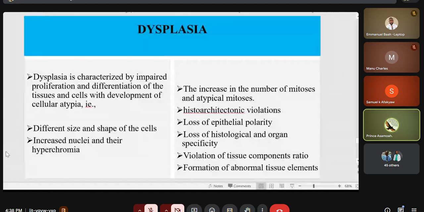Tell me what it is. Where are the spellings? Okay, anisocytosis, A-N-I-S-O-C-Y-T-O-S-I-S.